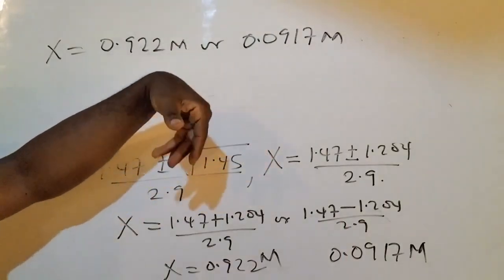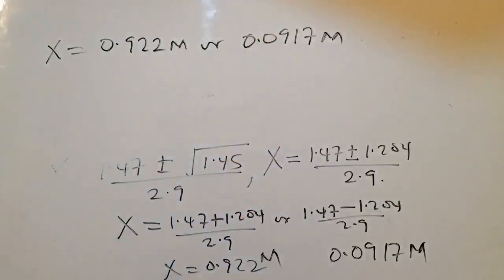Positive or negative, I will discard the negative, because concentration can never be negative, and go ahead with the positive. But since the two answers are positive, I will still select one. How do I select one? I go back to the equation.